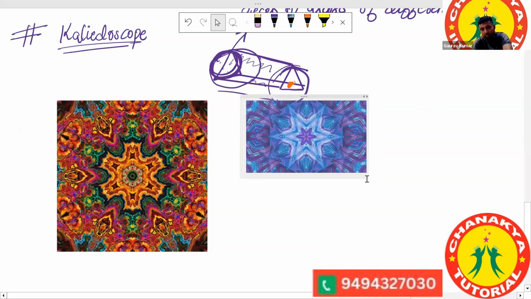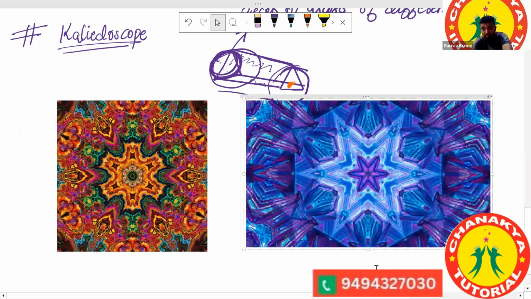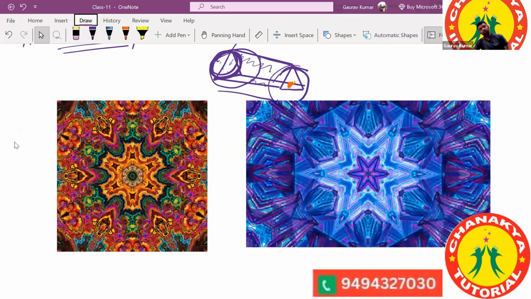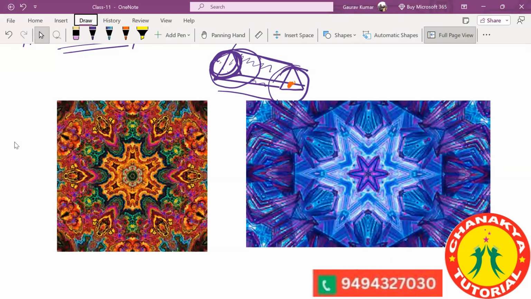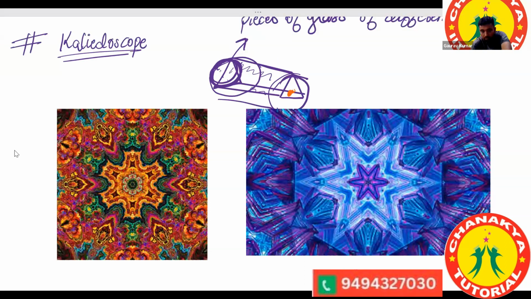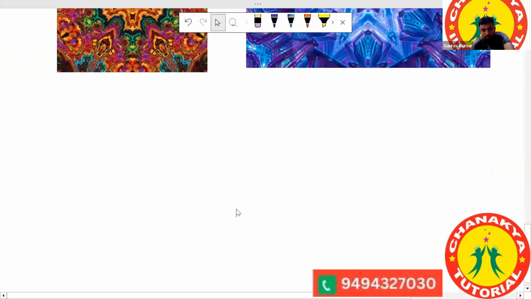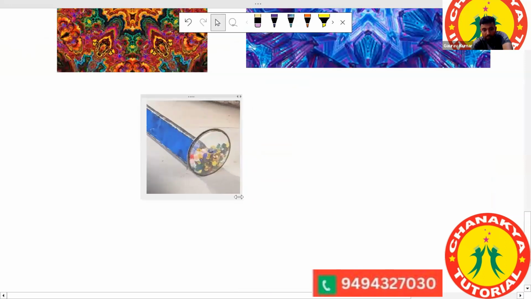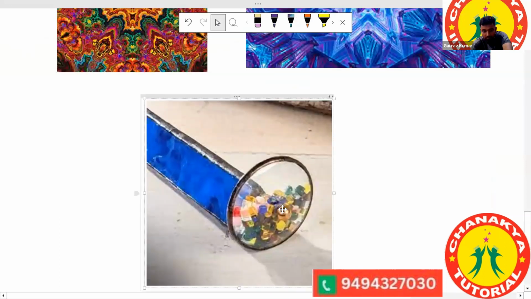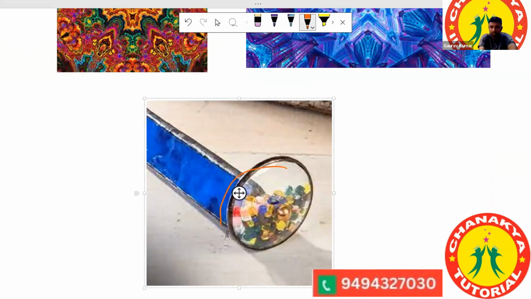It depends on the type of glasses we have placed inside this kaleidoscope. You can see how beautiful this pattern is. Can you tell me due to which phenomena this pattern is occurring? Multiple reflections, sir. Right, so due to multiple reflection this pattern is created in the kaleidoscope, and this is how you place those broken glasses of different color.